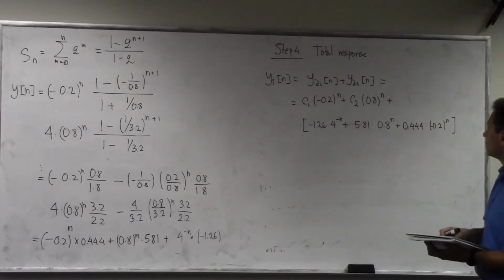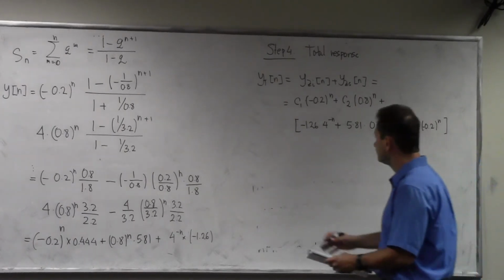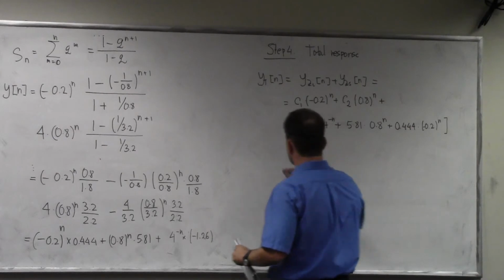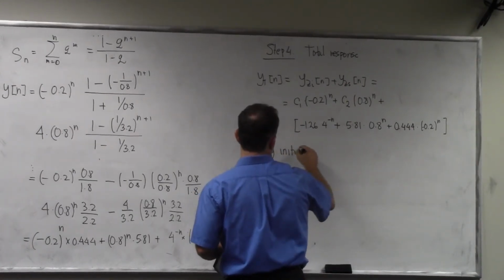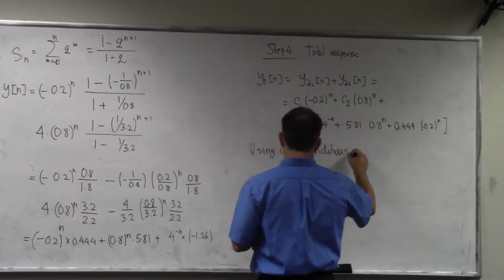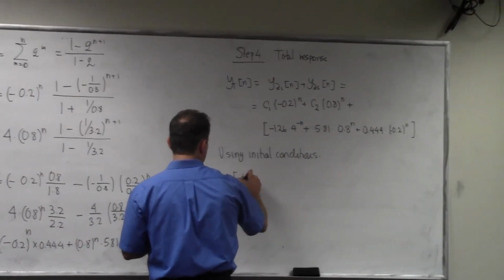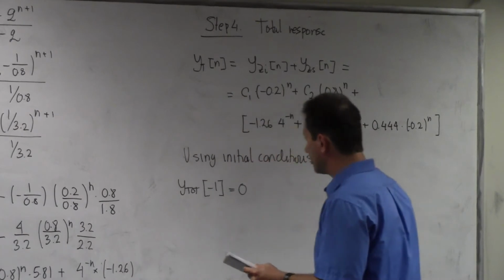And then we have initial conditions, right? Applying initial conditions. We have that y total at minus 1, which according to initial conditions has to be equal to 0.